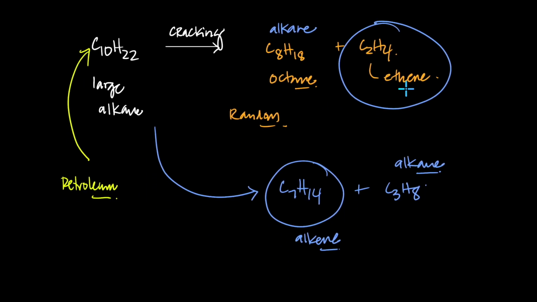Because these guys make a lot of chemicals, and octane is used in petrol. Useful. Not very useful: the larger you are, the less useful you are. So you take big molecules and convert them into smaller molecules. It is a chemical process, not a physical process.